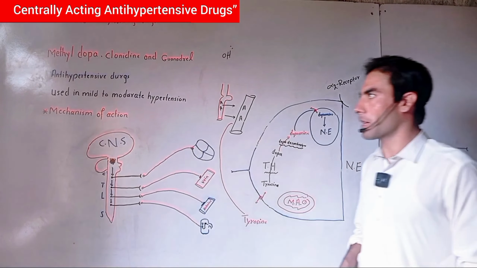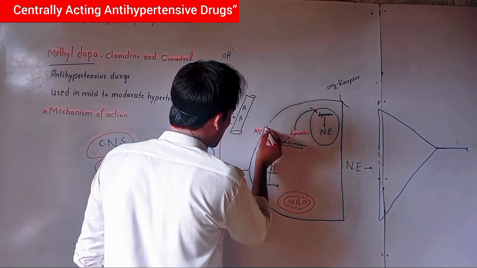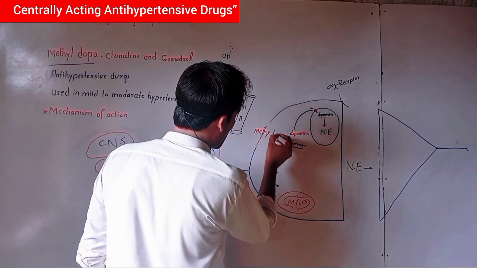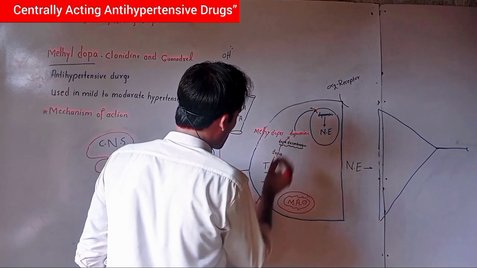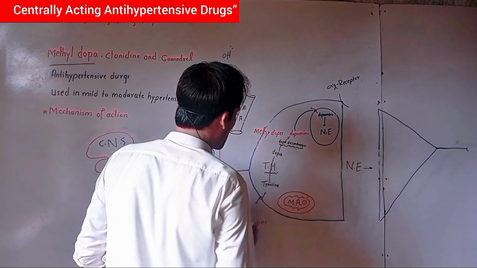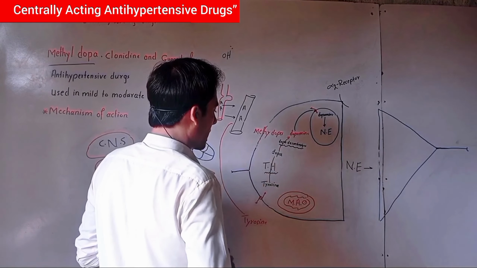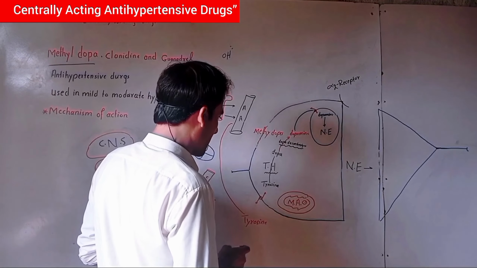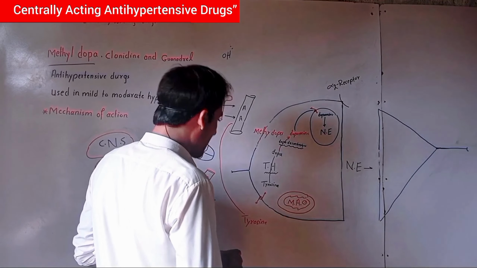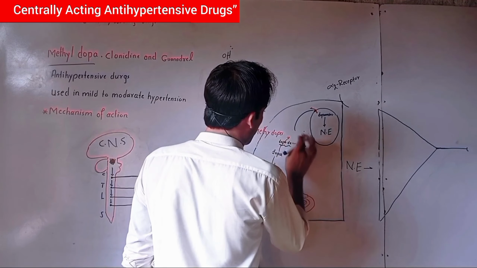When we provide methyl dopa to the nerve ending, methyl dopa replaces dopa. Then the enzyme dopa decarboxylase, instead of dopa, takes methyl dopa and converts it into methyl dopamine.